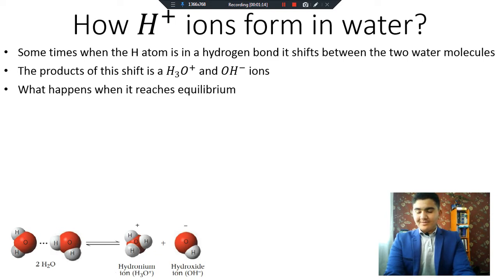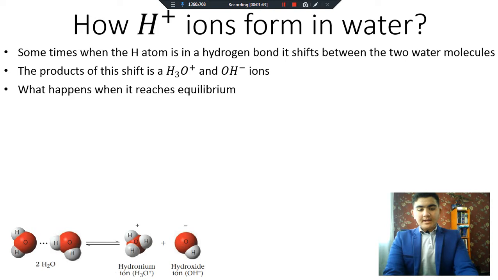So the hydrogen atom has shifted and has turned one H2O molecule into a hydroxide ion, or OH minus, and another water molecule into a hydronium ion, or H3O plus. You can see those in the picture below as well.